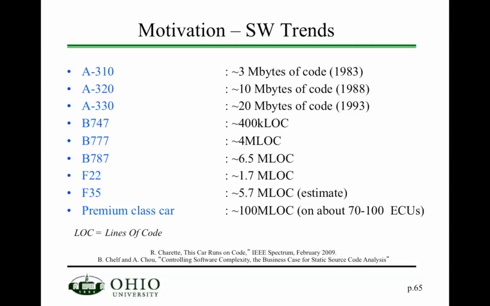Now, the motivation to take software very seriously in development is this: if you look at, and these numbers are just ballpark numbers, the amount of lines of code used in aircraft, fighter aircraft, or even premium cars, you see that's a lot of code. And for some of these systems on board these aircraft, the system is safety critical.